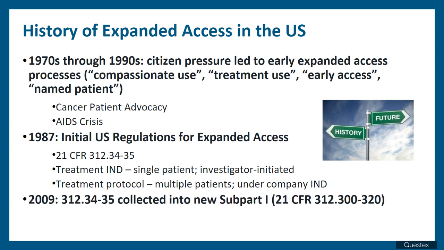As Mark's already mentioned, there are a lot of different terms that apply to this, including named patient, early access, compassionate use. And this culminated in 1987 with the first FDA regulations for expanded access that were promulgated in 21 CFR 312.34 and 312.35, covering treatment INDs and treatment protocols.